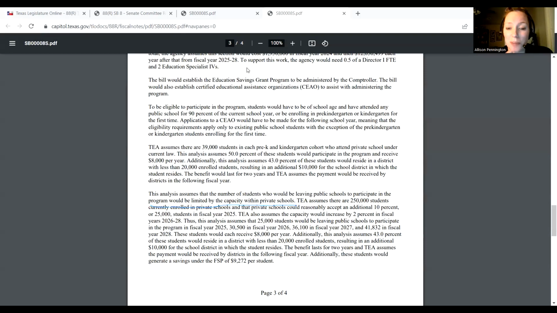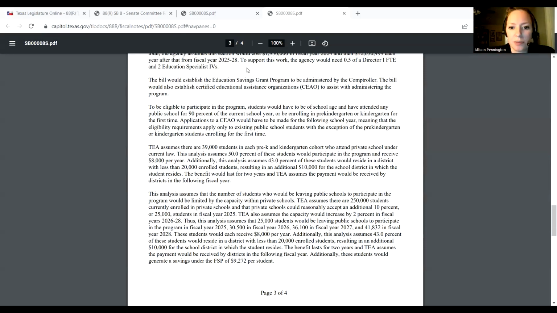So this is just another reminder that education savings accounts are not an across the board solution that's going to work for everybody, because private schools can only serve so many kids. And they're going to have restrictions on who they're willing to admit and keep enrolled. So just keep that in mind.